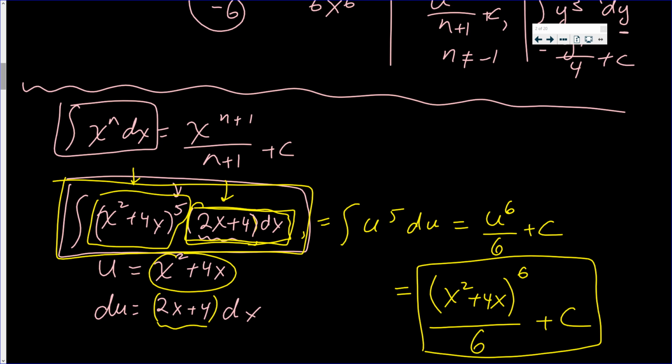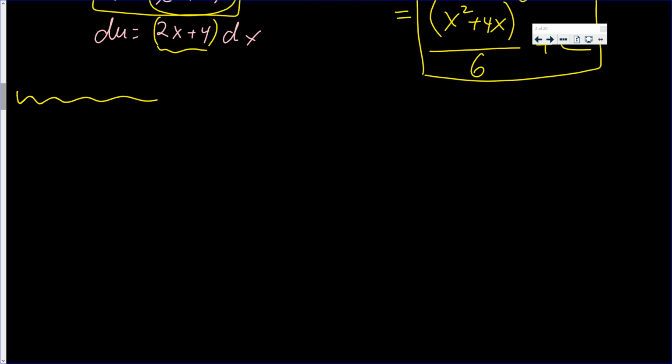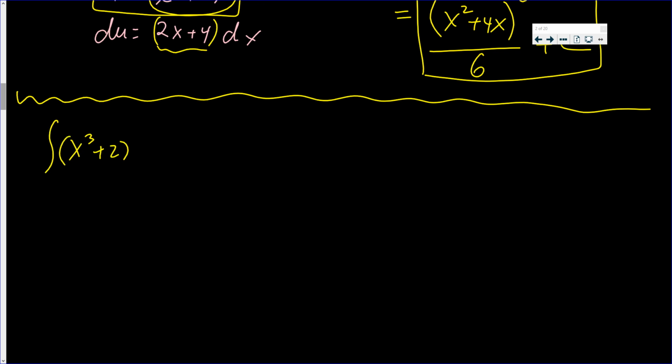And not everyone knows what you're thinking. You could have made a different substitution. Maybe not in that problem, but there are many integration problems where you can make different substitutions and get the right answer.